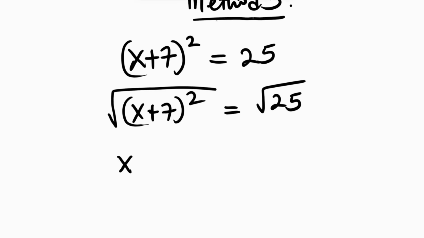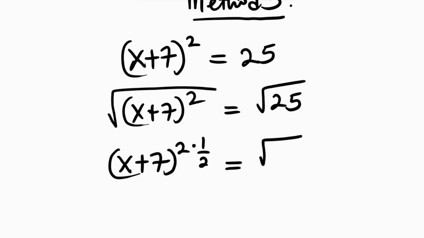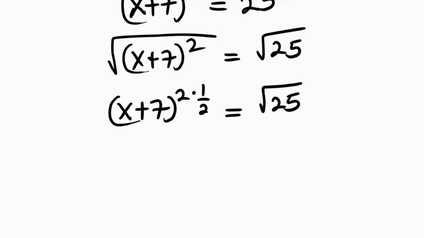This is the same as (x + 7)² to the power of half equals the square root of 25. We know that the square root of 25 is 5, so this cancels out. We have x + 7 equals plus or minus 5.